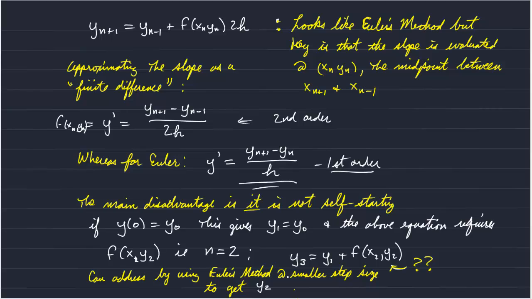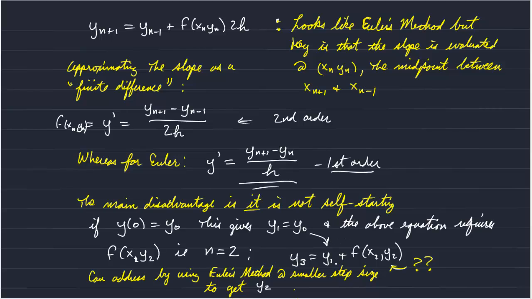Okay, so again, the midpoint rule is of higher order accuracy, because it's evaluating the slope at the midpoint between two separate points. The main disadvantage is that it's not self-starting, because at the very start of the calculation, when n is equal to 2, we would know the initial condition, that y1 is equal to y0.